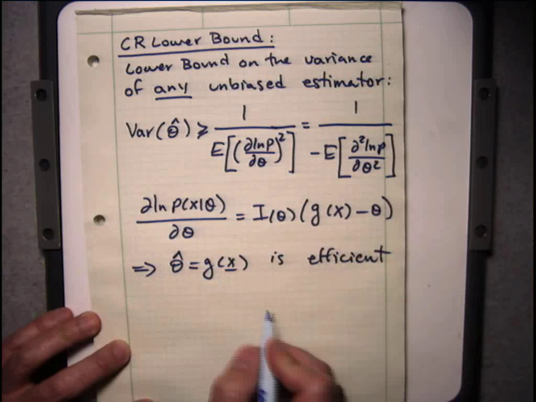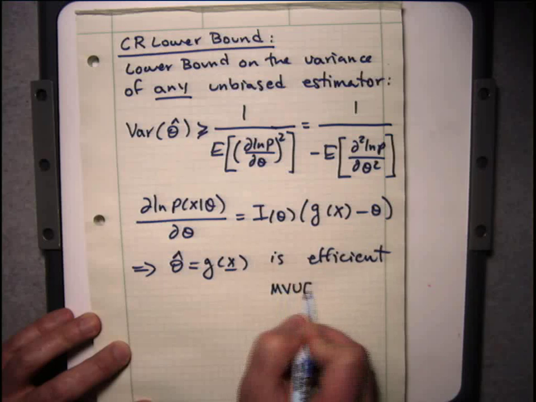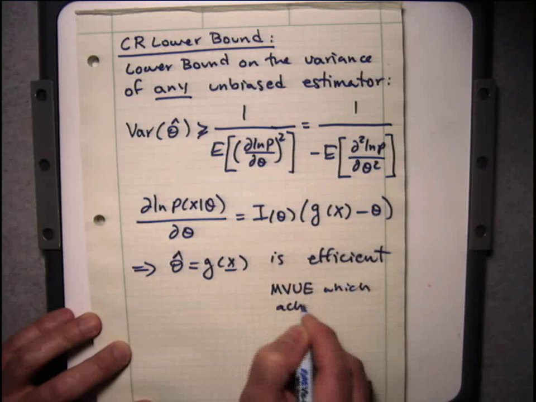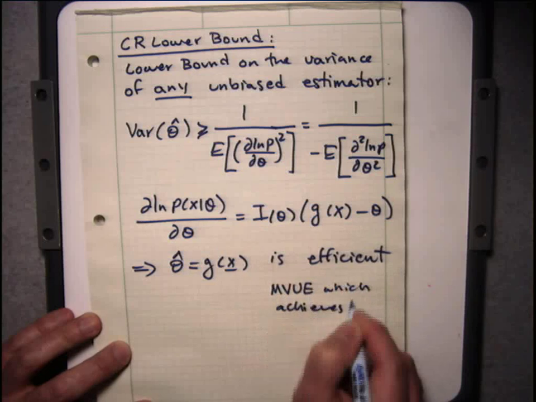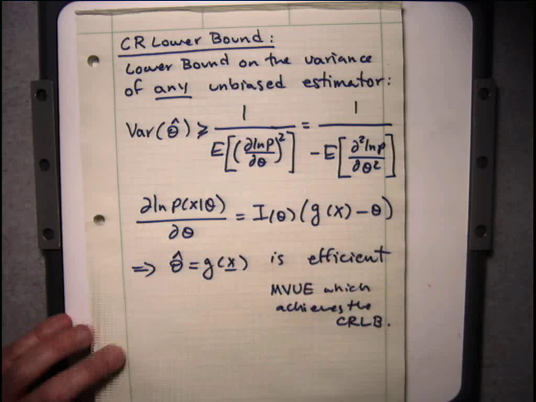And what that means is that it is the minimum variance unbiased estimator which achieves the Cramer-Rao lower bound.